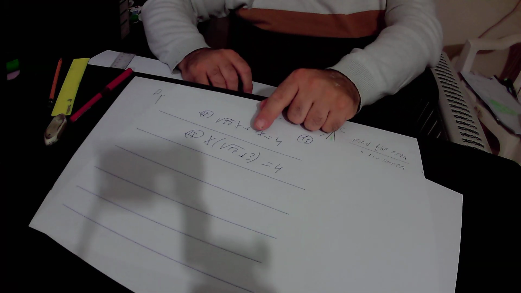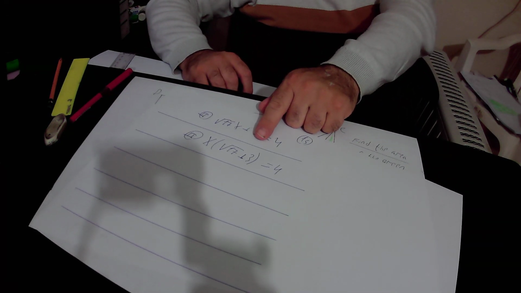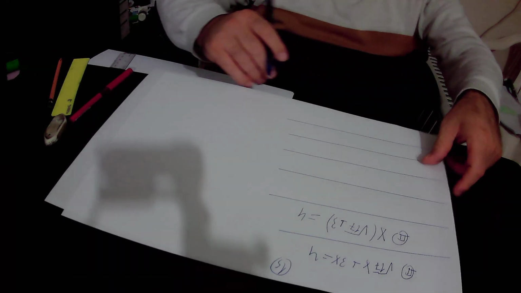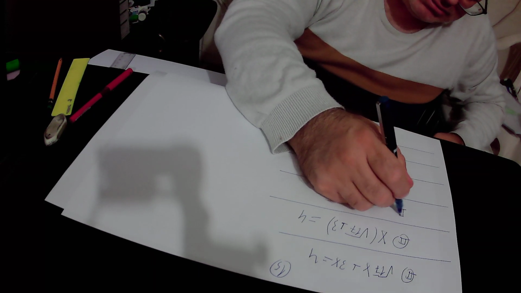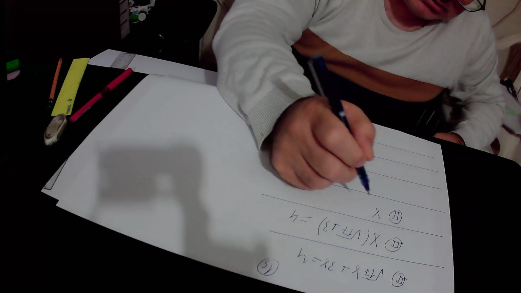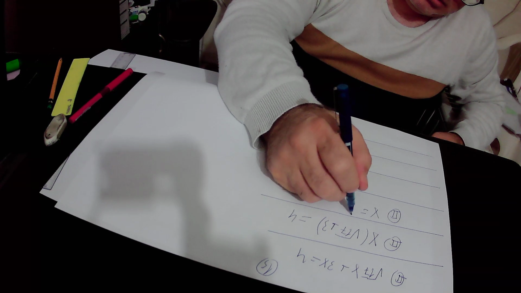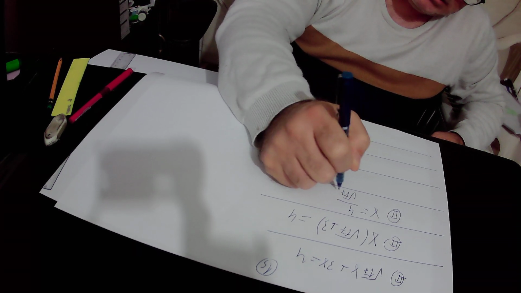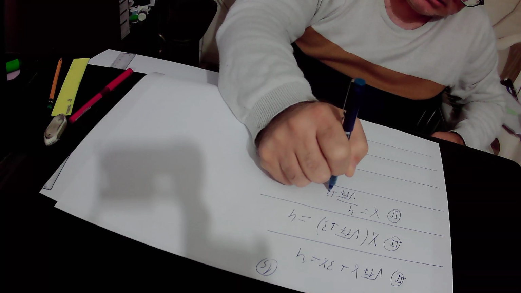So here we will divide this equation by square root of 17 plus 3, and we will get that x equals to 4 over square root of 17 plus 3.